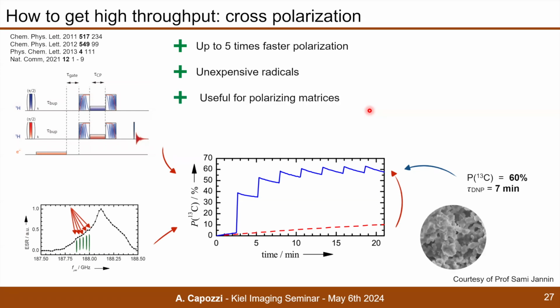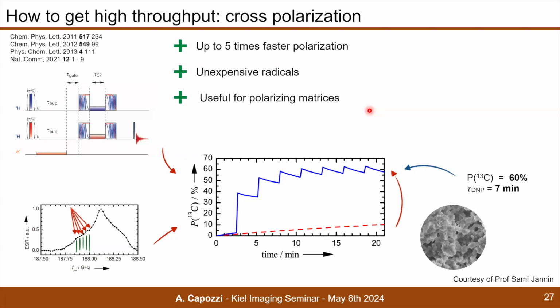It is also useful to polarize, let's say, unusual DNP samples, such as scaffolds or porous media with radicals grafted inside, because you can polarize the protons of this porous media, and then spin diffusion will transfer it to the DNP juice, so to the solvent.